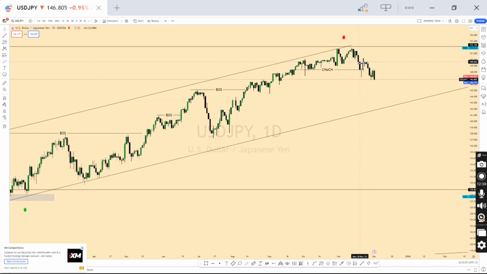So at this particular level, I will also be checking things like the gaps and all other stuff which can help us push all the way up to the top. Okay, so first I did spot this gap here, a fair value gap here on a daily time frame, which I believe that if USDJPY, guys, is to push all the way up, it won't be to change the direction of the market.